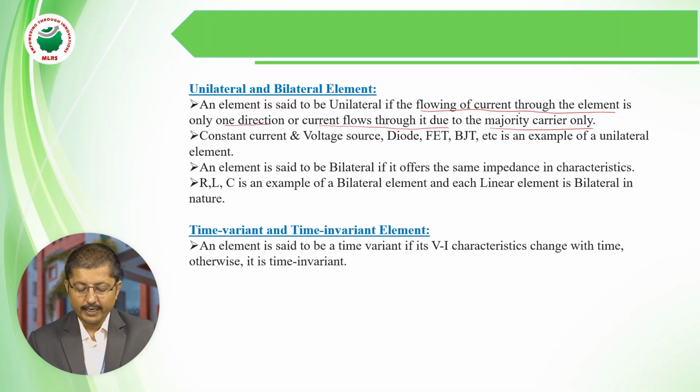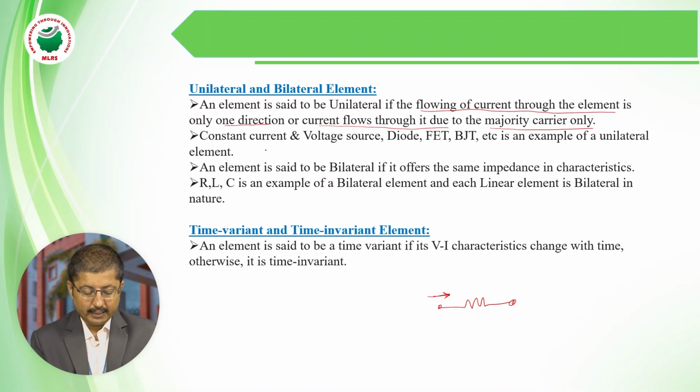Let us take one simple resistor here. If the current flows in this resistor only in one direction, not in both directions, then we can say that element is a unilateral element.